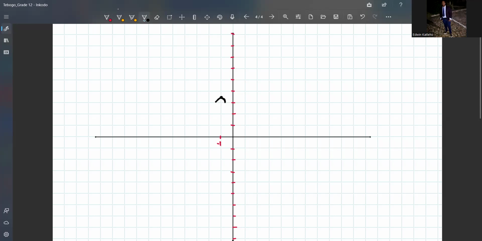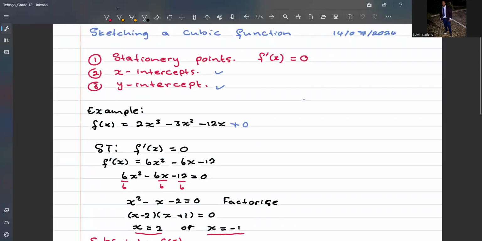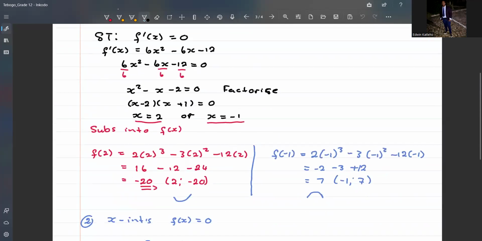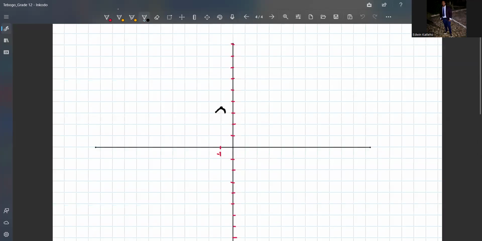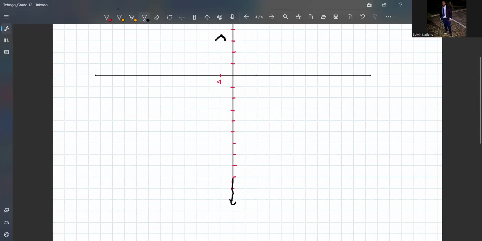And then the other one, it was 2 and -20. So it's 2 and -20. So here is 2. And here is our -20. And this graph will make a turn here.